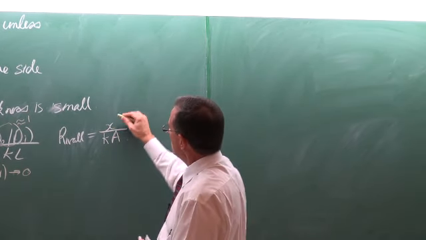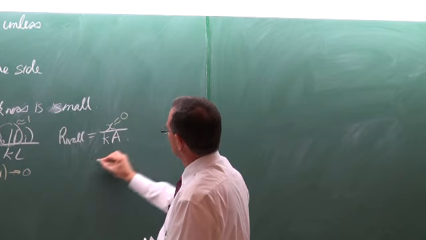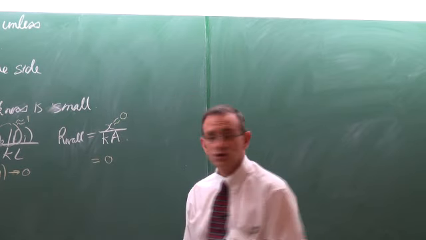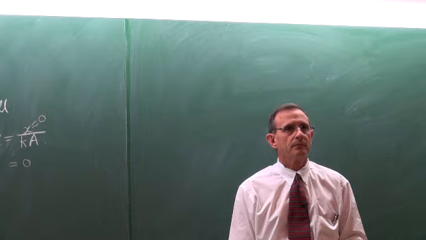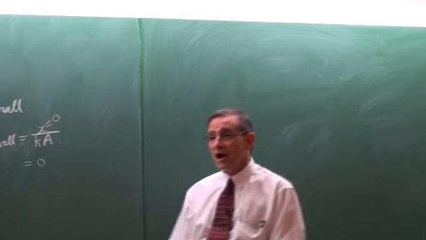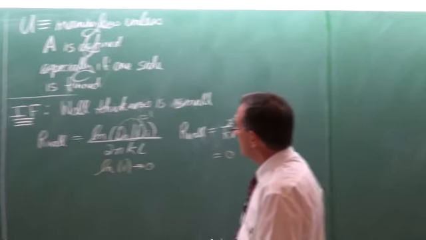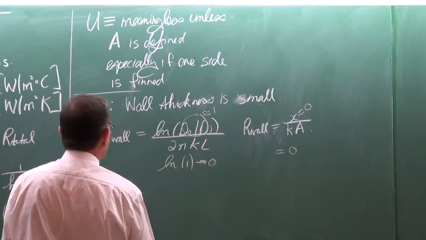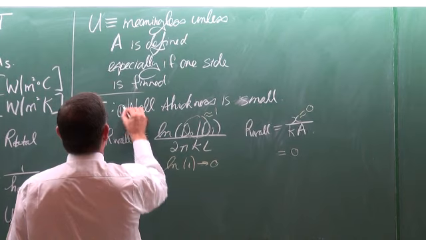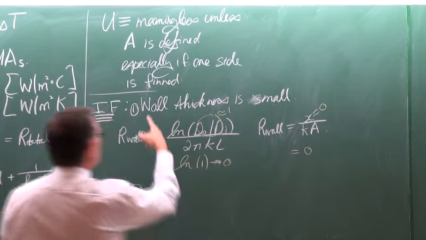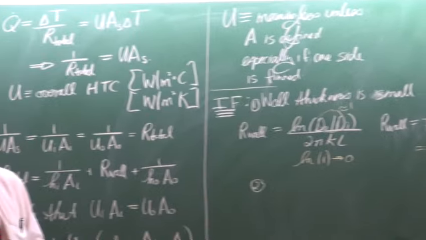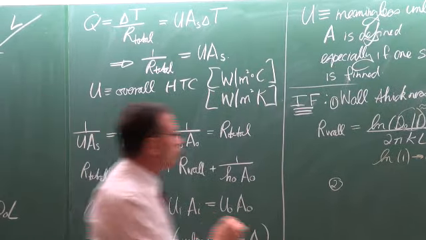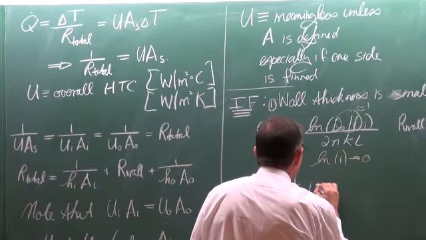If x is small, then this resistance is also very, very small. Then there are other cases where K, so that is the first condition. First condition is when the wall thickness is small. The second condition is when K is large.